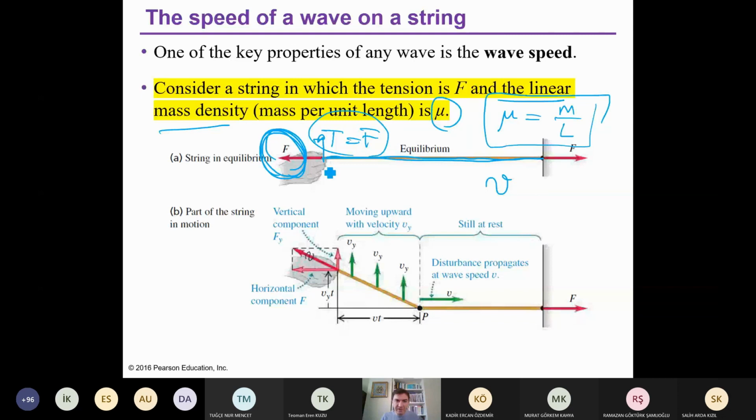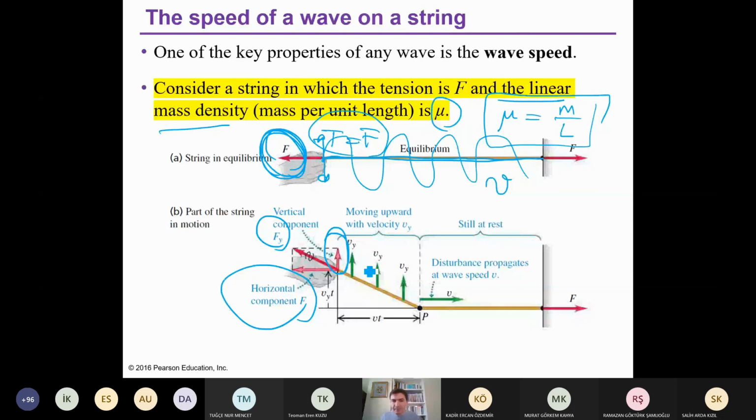So here we have the mechanism. At the beginning, we have horizontal force F, and then we have applied an additional vertical component Fy, okay? Then each part on this string will have certain velocity due to this force, okay?